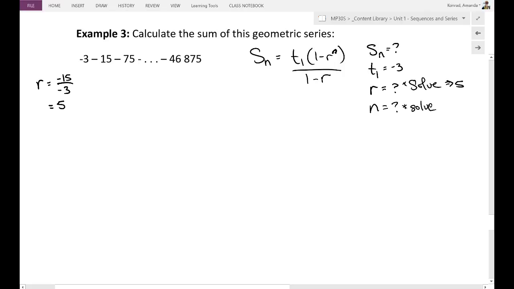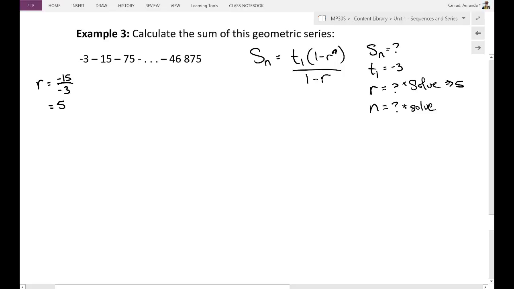I'm just going to keep a running list over here on the right of all these variables that I've had to solve for. Now, n's going to be a little bit trickier. This is actually where we're going to have to go back to our previous lesson again and figure out n. So we have our last term. We do know it.